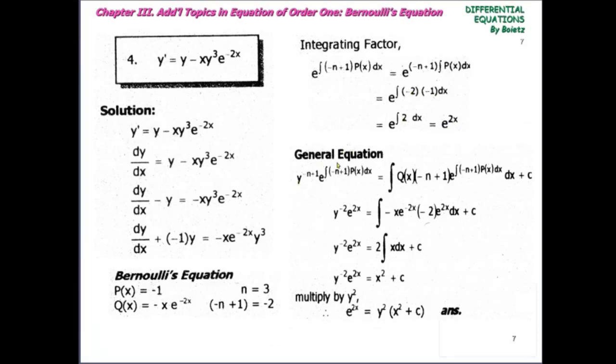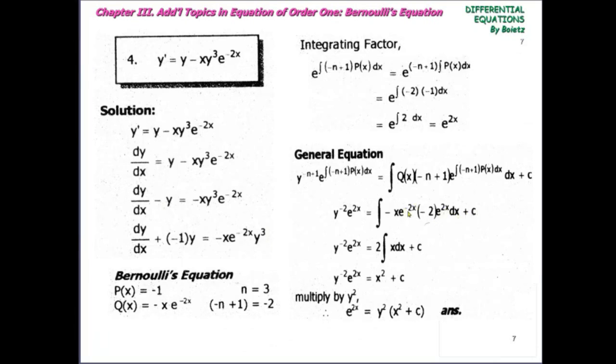Okay. Then, general equation, y to the negative n plus 1. So, y to the negative 2, integrating factor, e to the 2x, is equal to the integral of qx, which is negative x e to the negative 2x. Then, this one, negative n plus 1 is negative 2. Then, integrating factor, e to the 2x dx plus c.